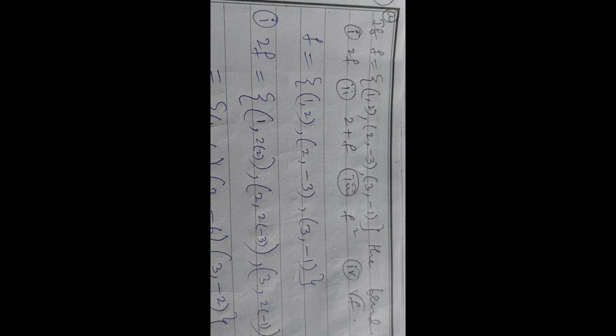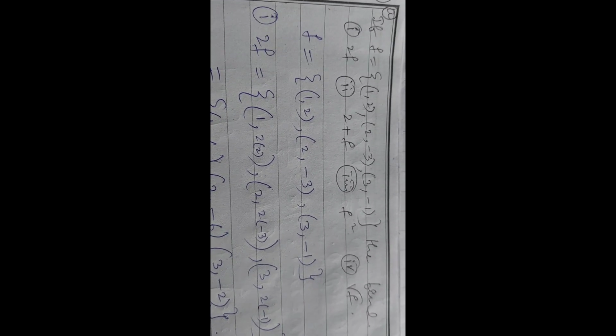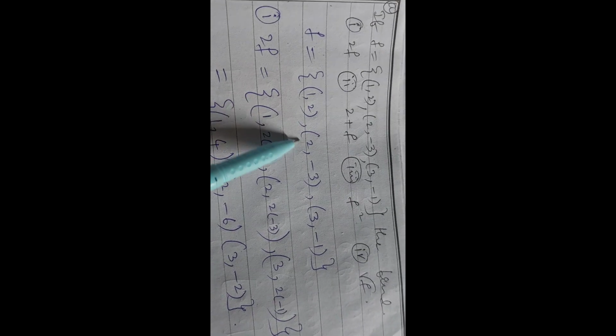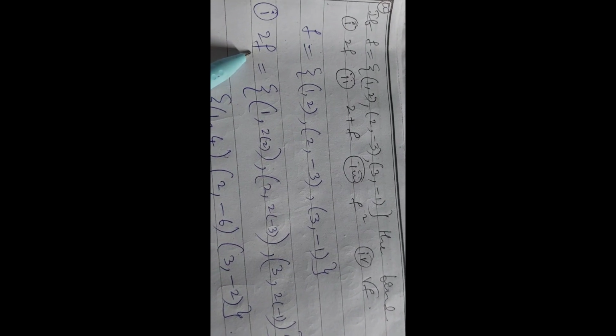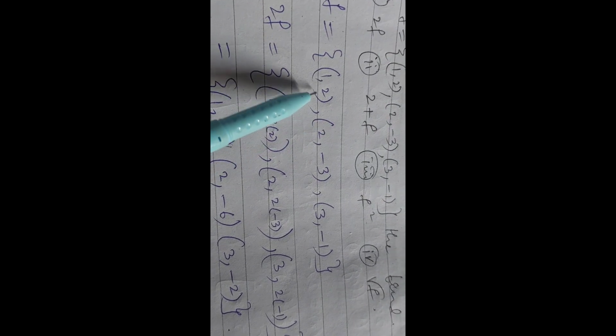f is equal to (1 comma 2), (2 comma minus 3), (3 comma minus 1). Then find first 2f, 2 plus f, f square, root f. So here given f is the function (1 comma 2), (2 comma minus 3), (3 comma minus 1). First 2f. So we have to multiply 2 to the function f, but we have to multiply only the codomain.